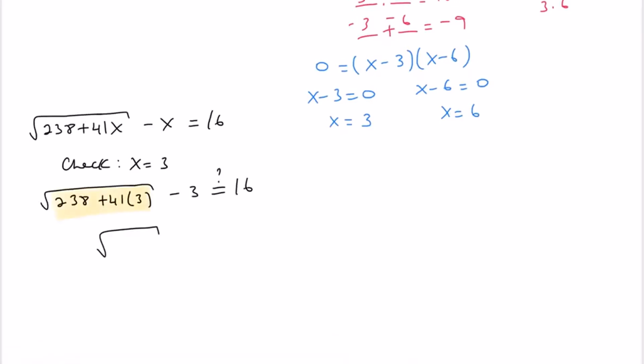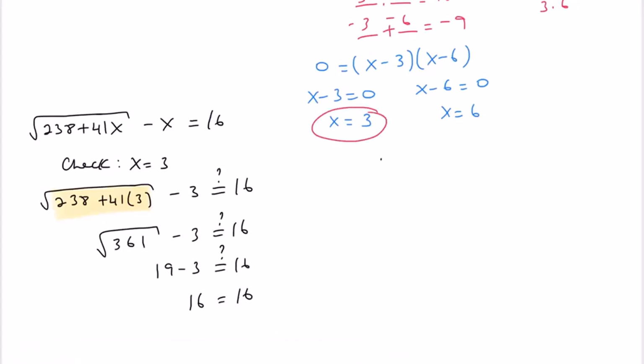So we have the square root of 361 minus 3. The square root of 361, that is 19. So 19 minus 3, is this equal to 16? And 19 minus 3 is 16. So 16 is equal to 16. So 3 is one answer there.